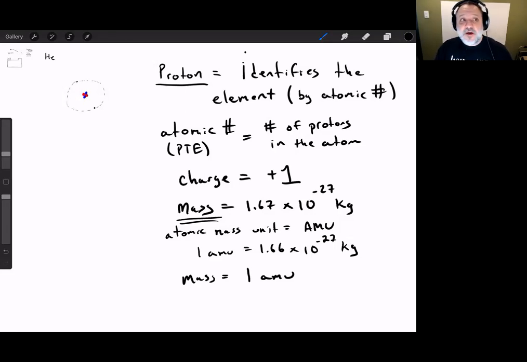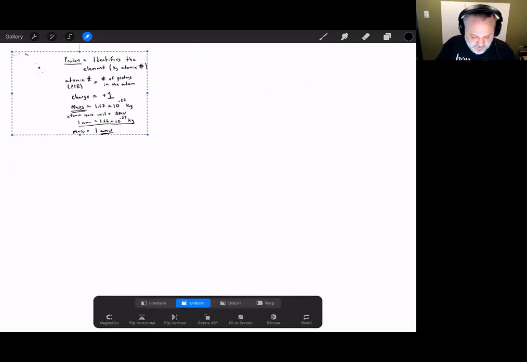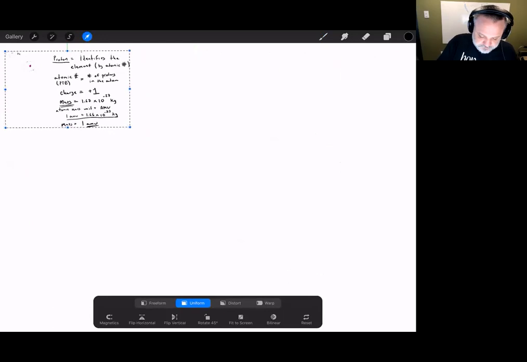So if we come up with this new relationship, then we can say we're going to refer to the masses of these subatomic particles in atomic mass units because they're easier to deal with. And now we'll have some way to compare them. Okay. So that's it with the proton. Now I want to do the neutron.